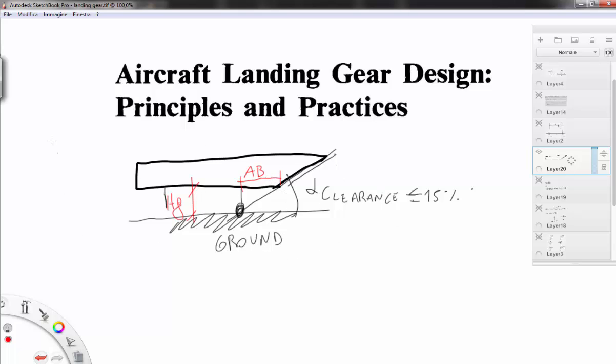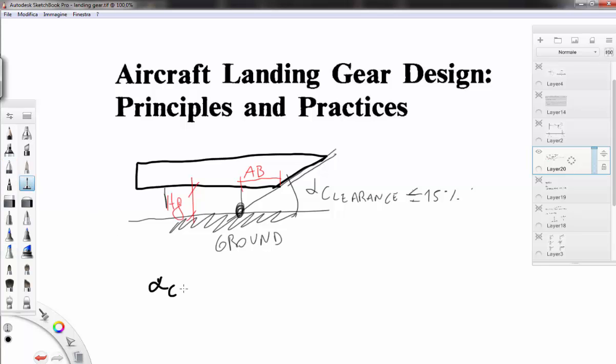So to solve the first step, the formula to apply is alpha C equals, using this formula.